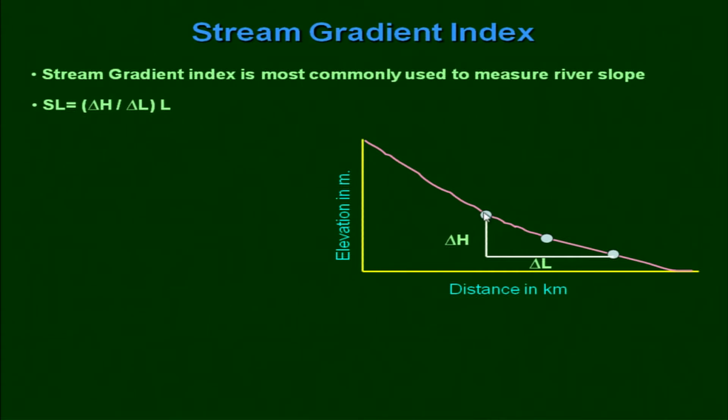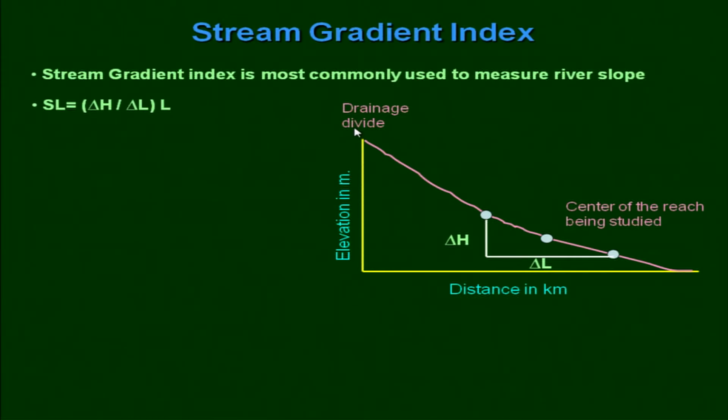So from this, the difference between the height or the elevation will give you the delta H, and the difference between the distance will give you the delta L. So the center of the reach being studied is the reference.